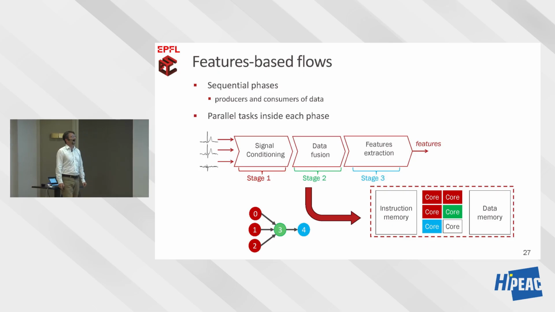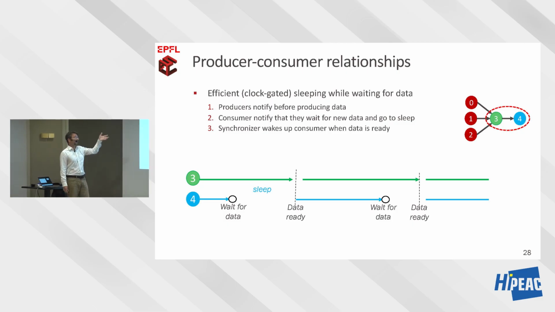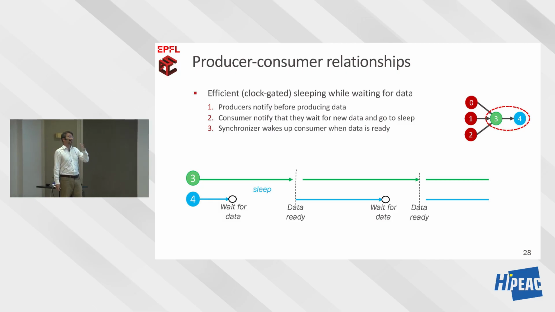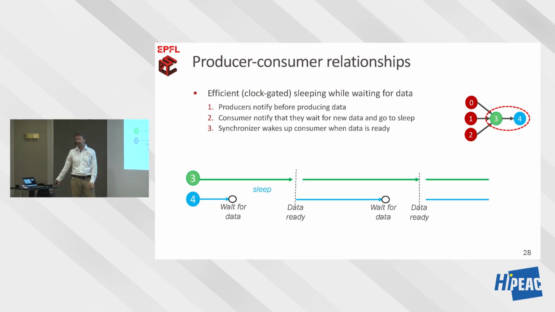Turns out that this can be supported very similarly to what we have seen up until now. Again, the producer of data notifies before producing some data, and the consumer just notifies when it is waiting for data, and there is a synchronizer which wakes up consumers when data is ready.